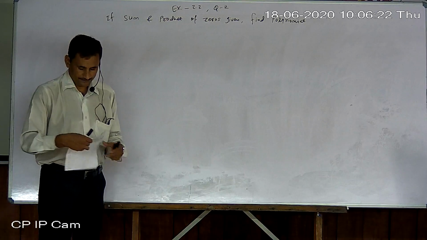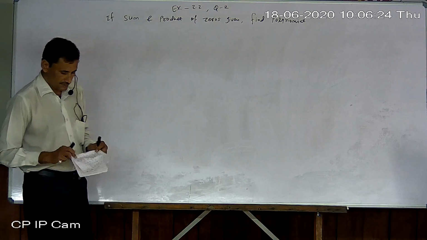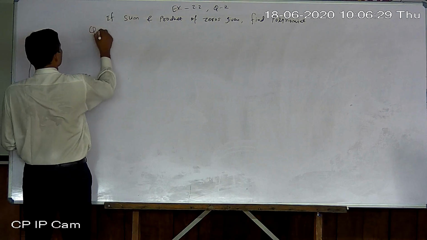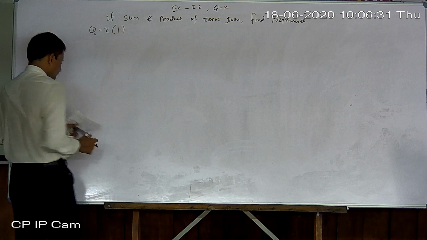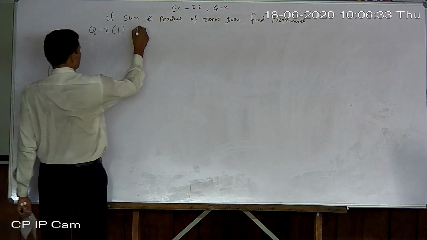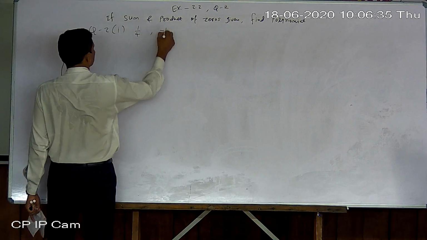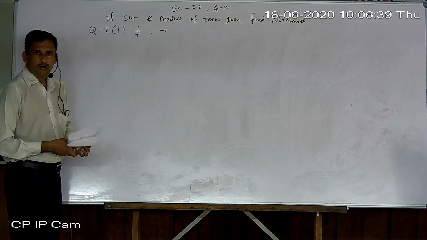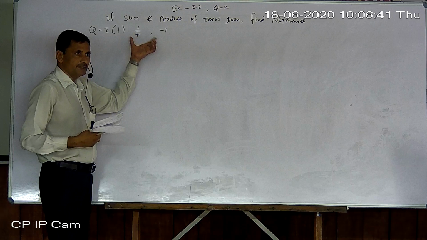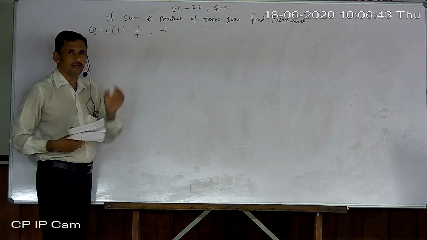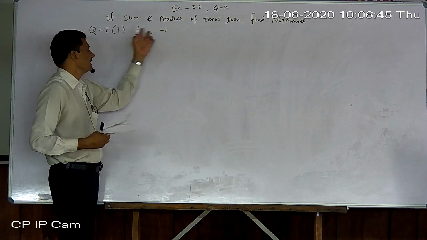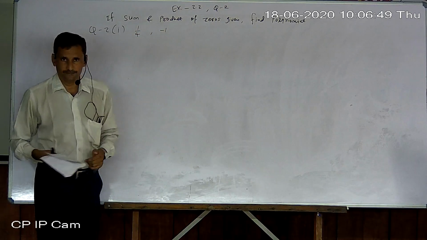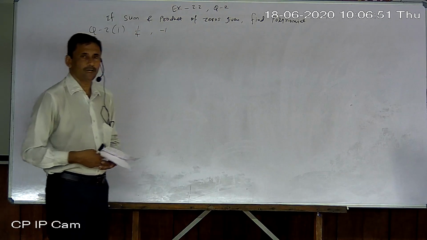Now in this one, first the sum and product are given: 1 by 4 and minus 1. Most students misunderstand that this is alpha and this is beta, but actually this is alpha plus beta and this is alpha into beta, not alpha and beta itself. So keep in mind this thing.